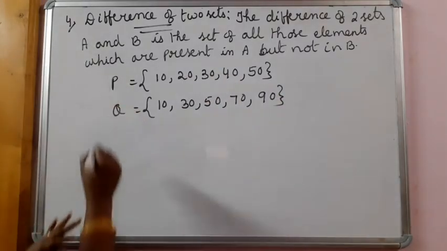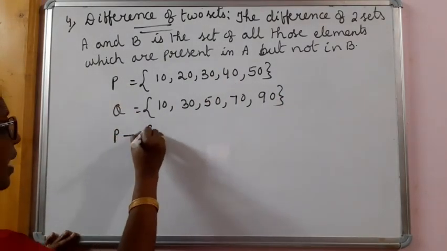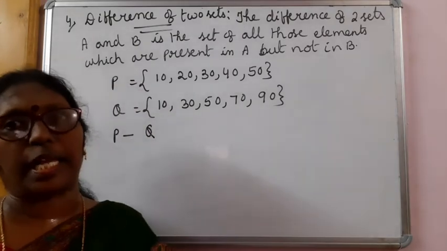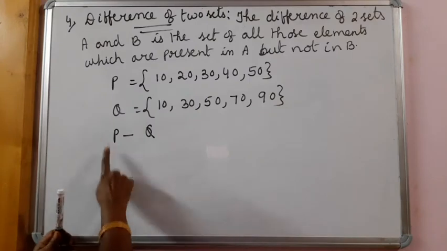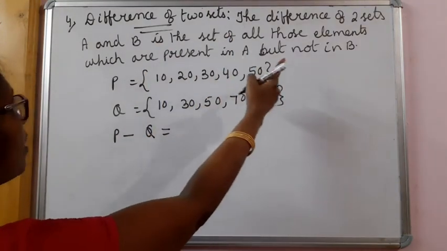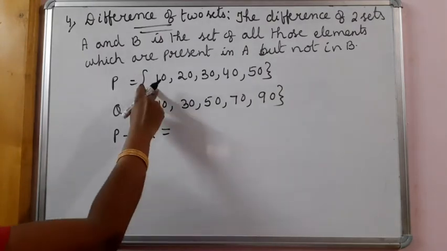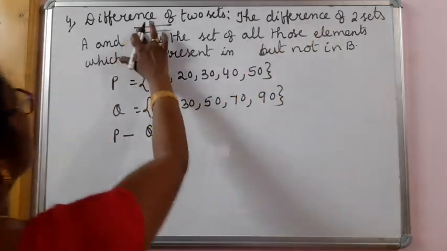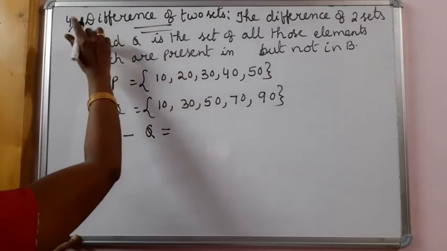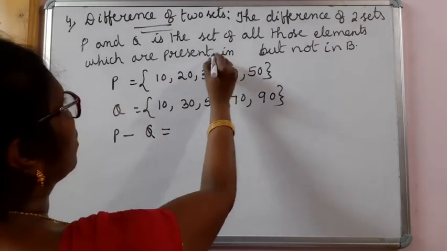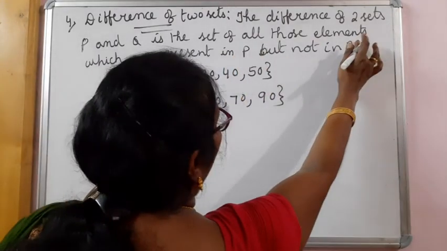The difference of two sets P and Q is P minus Q, or we can say Q minus P also. Every time we are writing A and B, let me name them P and Q. P minus Q means elements present in P but not in Q.